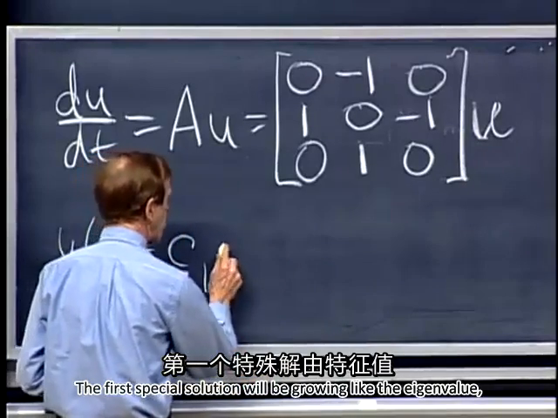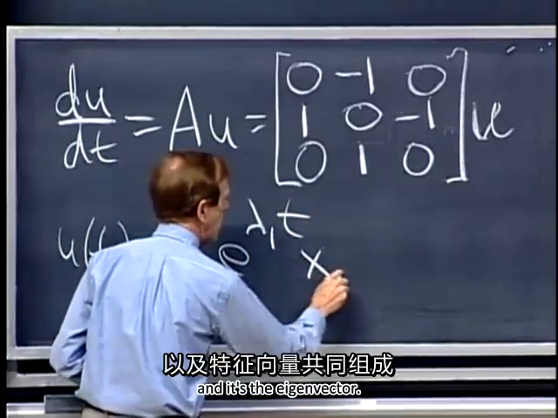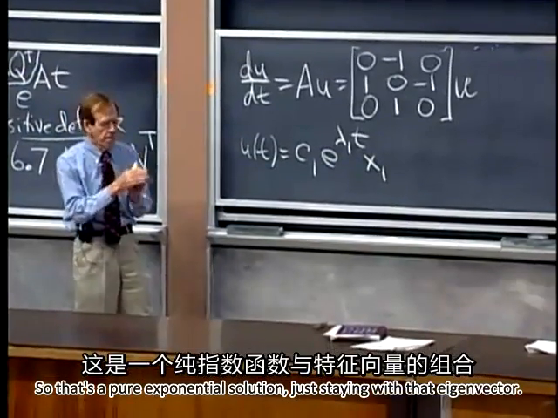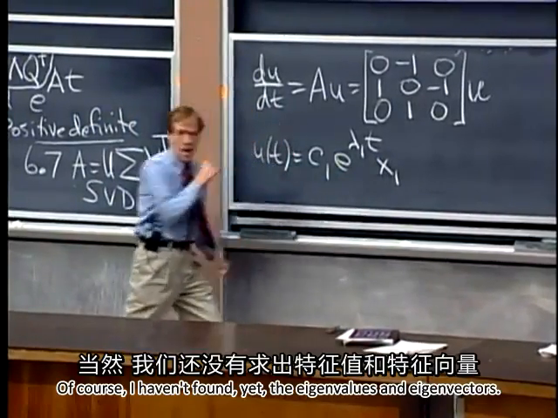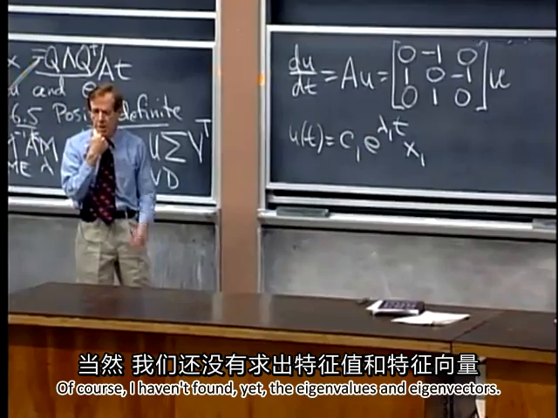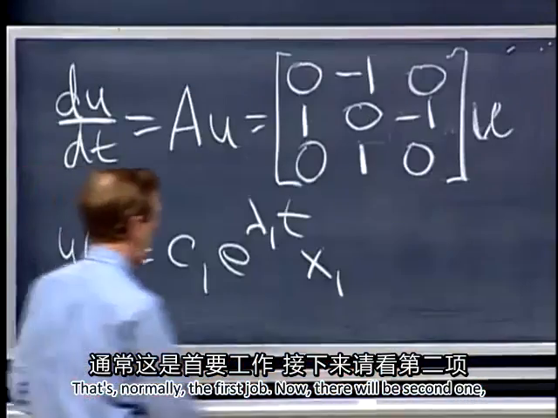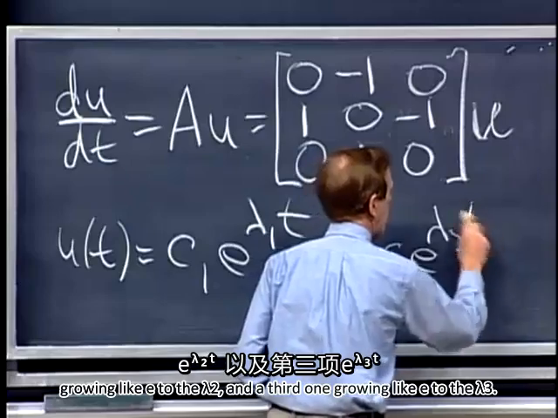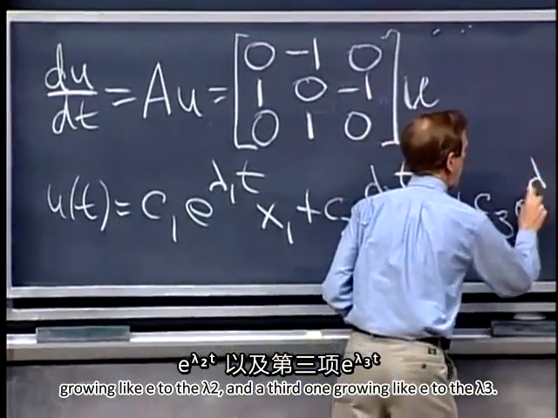The first special solution will be growing like the eigenvalue, and it's the eigenvector. So that's a pure exponential solution, just staying with that eigenvector. Of course, I haven't found yet the eigenvalues and eigenvectors. That's normally the first job. Now, there'll be a second one, growing like e to the lambda 2, and a third one growing like e to the lambda 3.